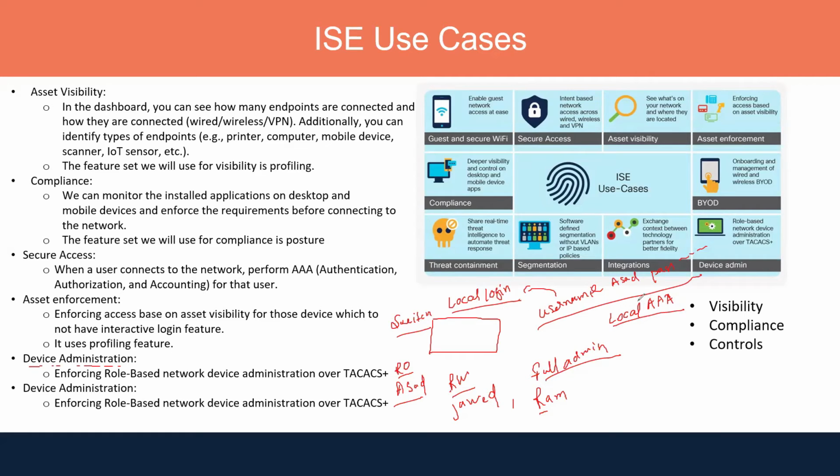Local AAA as well, I can use. But instead of using any of these options, I'm just going to create one database over here, where I have a user. All three users are here. This is the database, so all three users would be in this database.